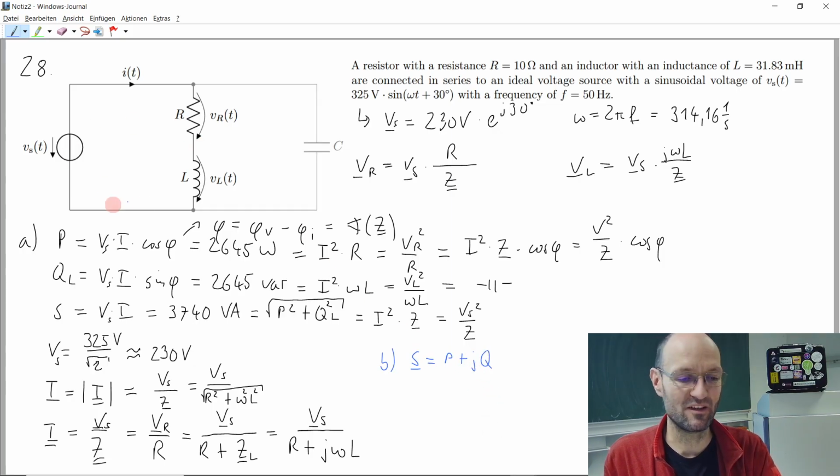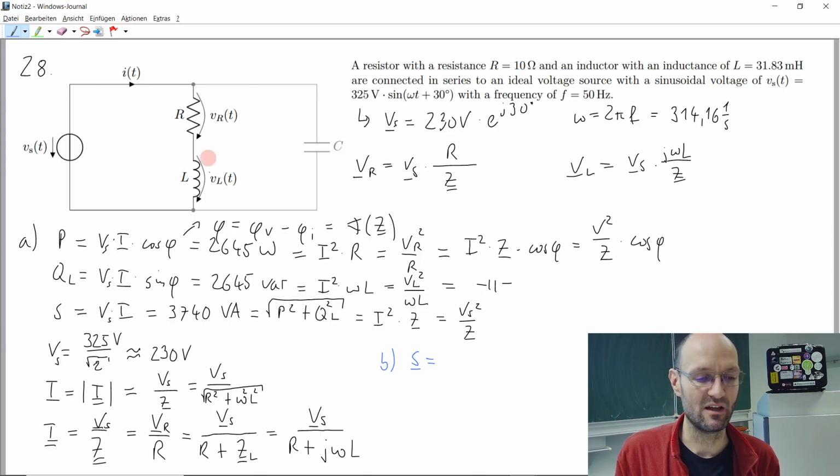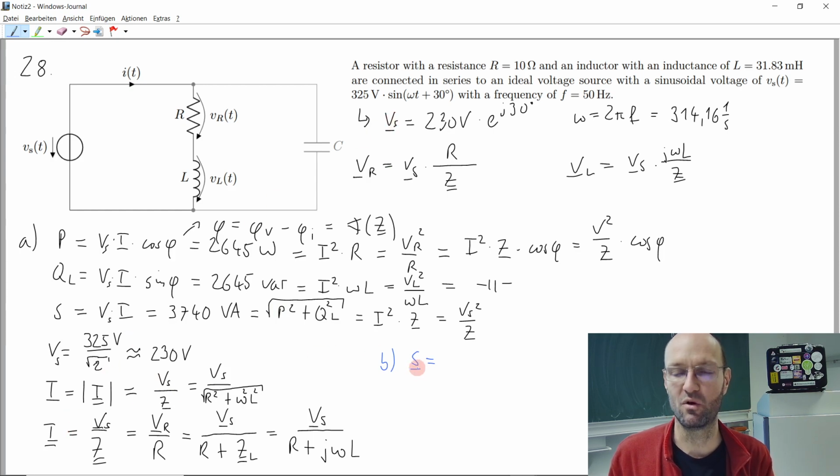But if we look at our circuit, and if we would not have done task A before, these would not be information that we have. But information that we would more easily get from the circuit is once again our source voltage and the total current. So how from the source voltage and from the total current can we calculate this complex power?